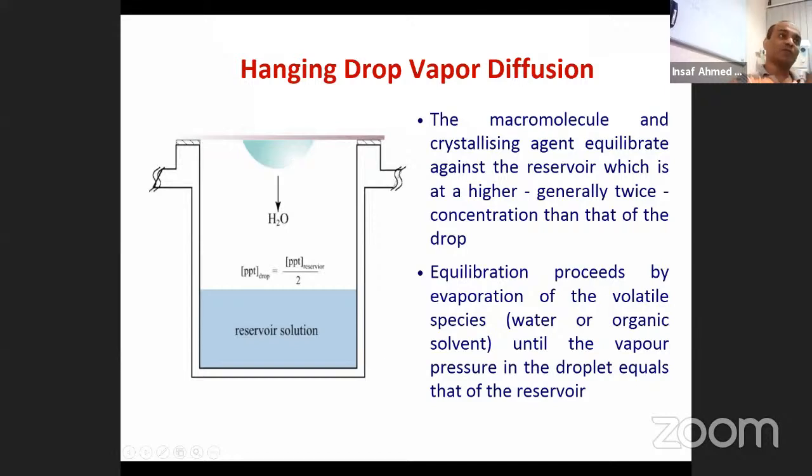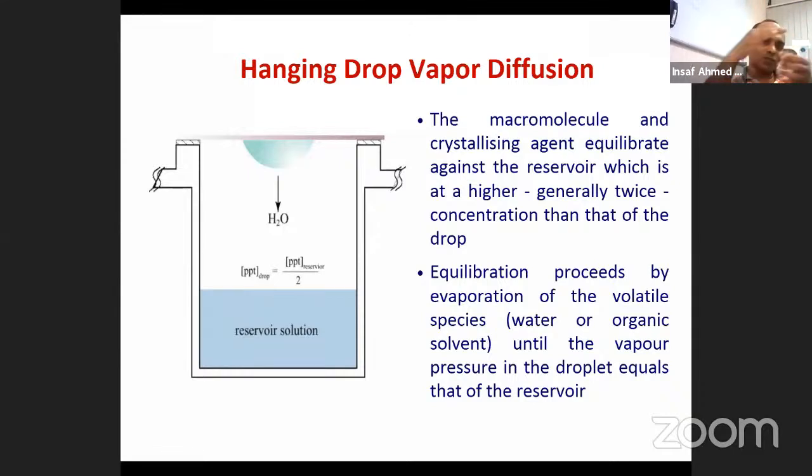It will be half the concentration of the reservoir solution. Suppose you have 4 molar, then here you will have 2 molar NaCl. Now you take this cover slip, put it on your well, close it, and then leave it.